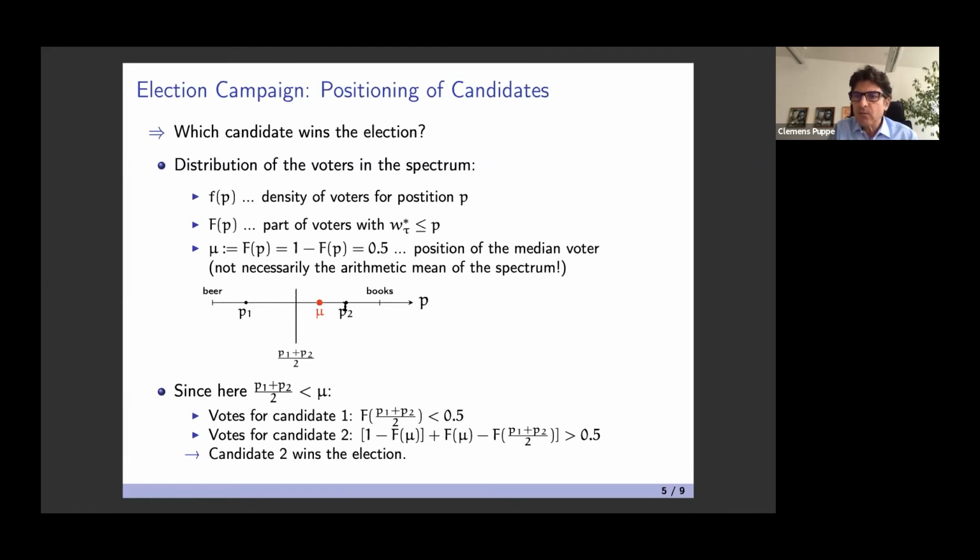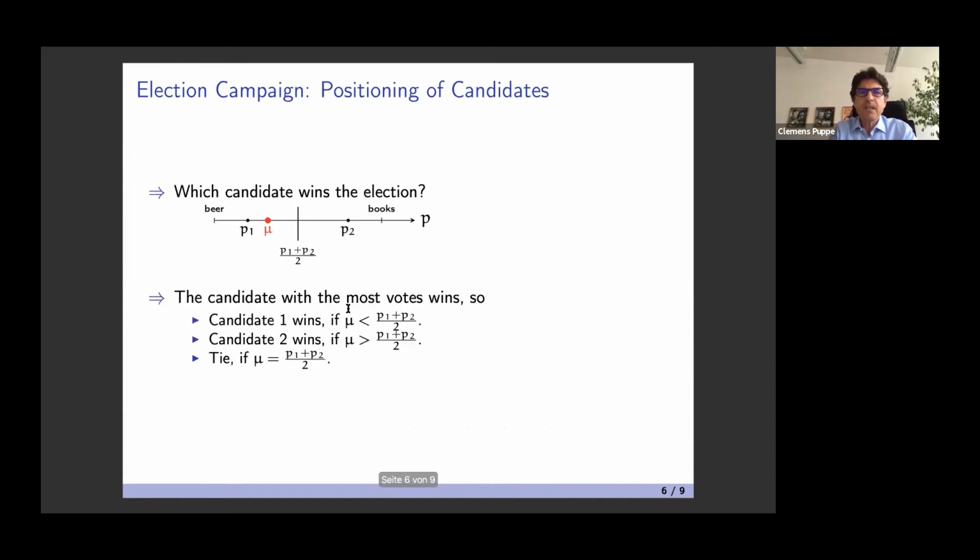Of course, P2. Why? Because all the voters that are to the right of this midpoint vote for P2, and these are more than 50%. So if mu is to the right of this cut point, of the middle point of the two positions, candidate 2 wins the election.